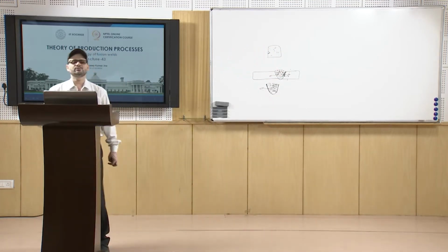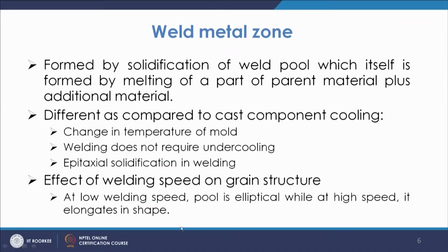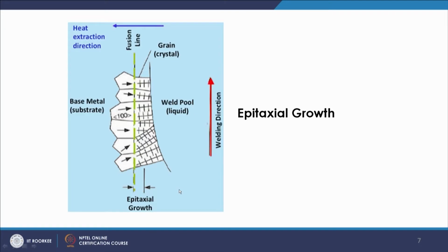Now, if your speed is low, then the pool is elliptical, whereas at high speed it will be elongated in shape. If you look at this figure, it talks about the epitaxial growth. As we see, this is the weld pool, and this is the welding direction.